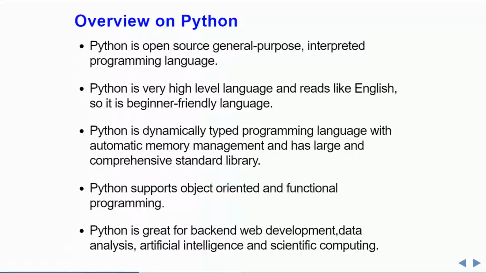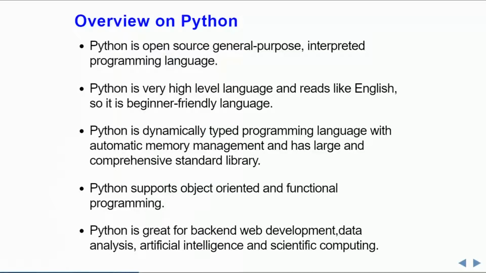Python has a large and comprehensive standard library, and that is one of Python's greatest strengths. As of November 2016, official repositories contain 92,000 packages offering a wide range of functionality, including graphical interfaces, web development, web frameworks, databases, scientific computing, and image processing.